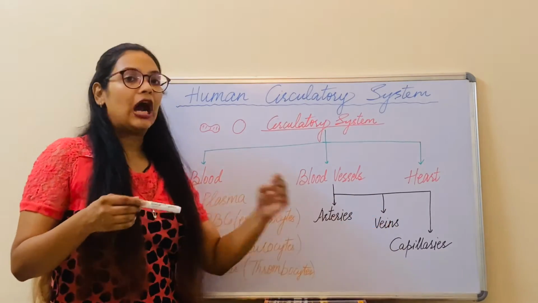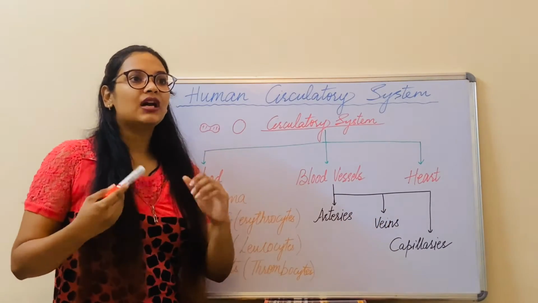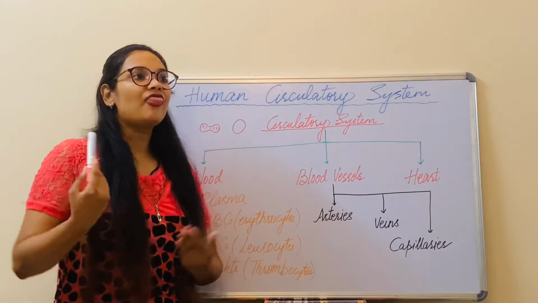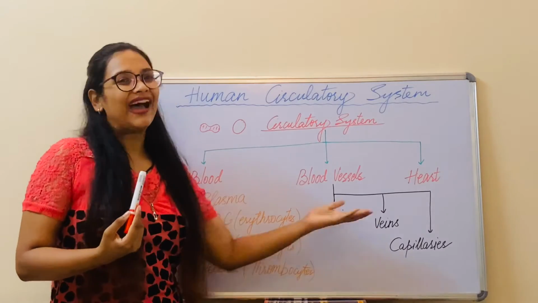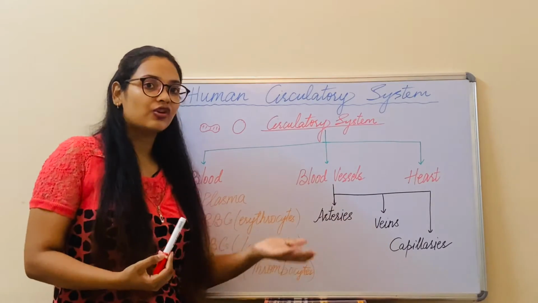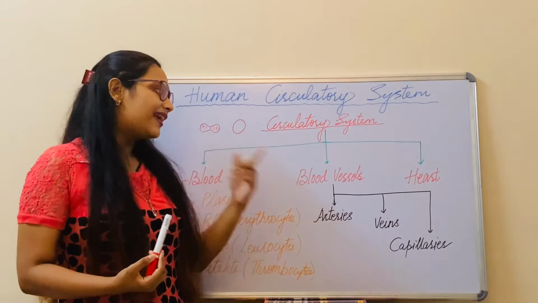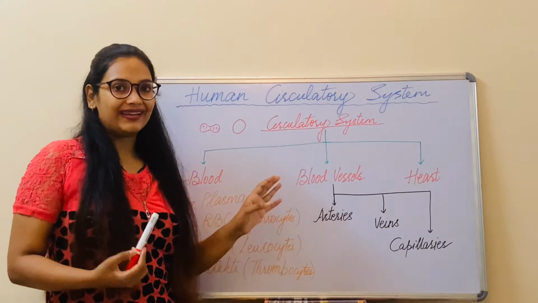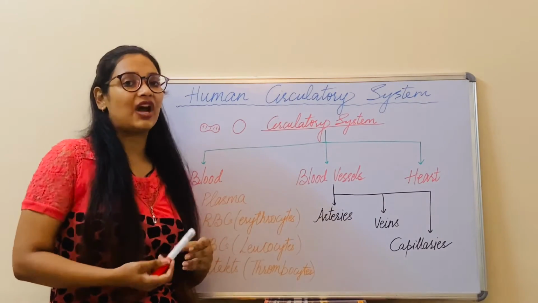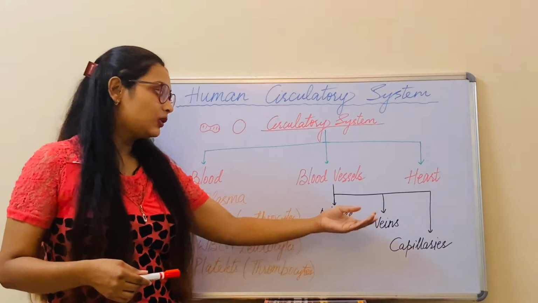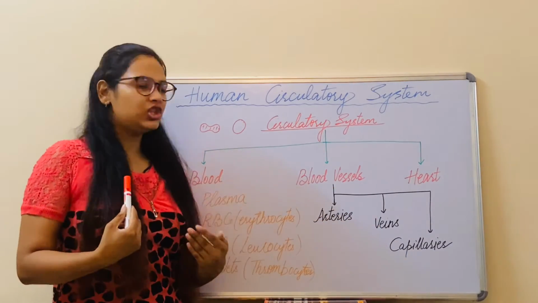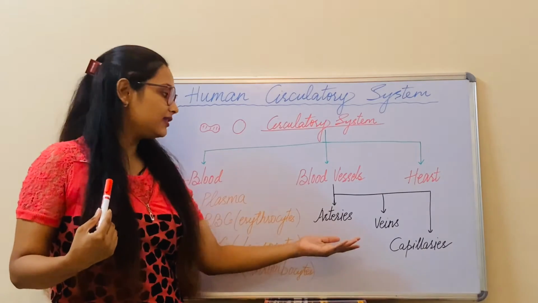So the veins are thin walled because the pressure is not that much in them. The blood is actually flowing without any jerks and at low pressure, and that is why the wall of the vein is not that muscular and it is rather thin. So that is about the veins. The veins are more superficial as compared to the arteries.